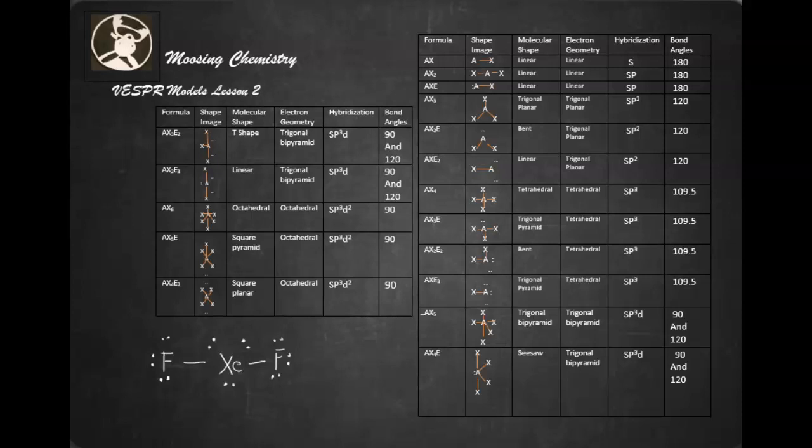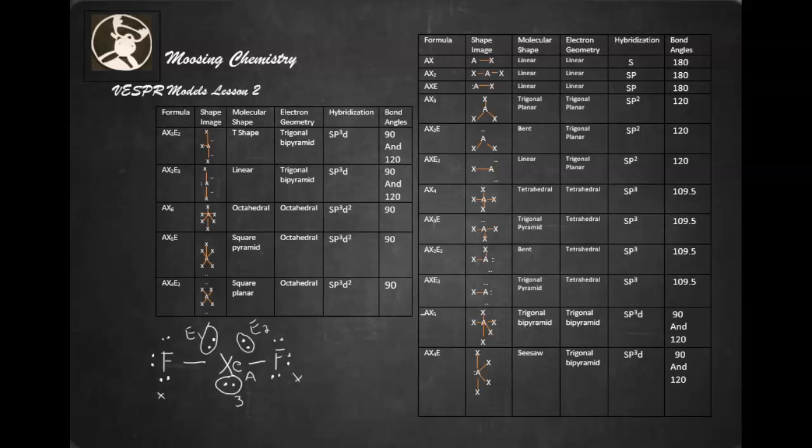So what we've got is A for our core atom there. A, this is X, this is X. So this is AX2 at least, right? But look at this. This would be E1. This would be E2. And this would be E3.